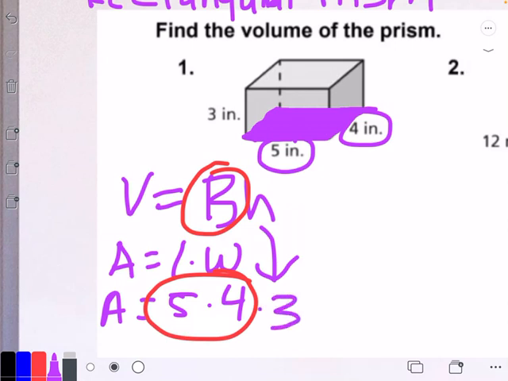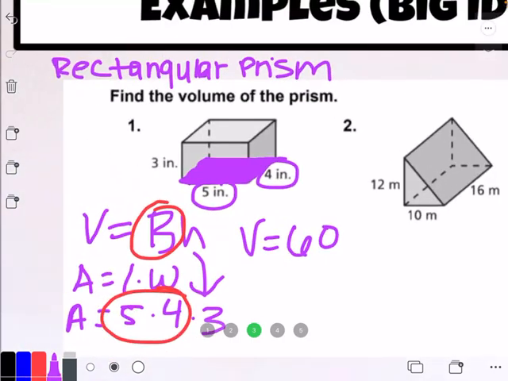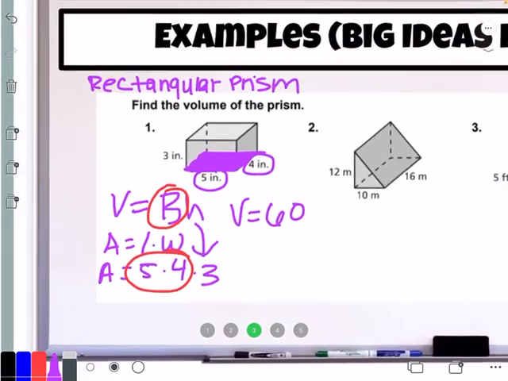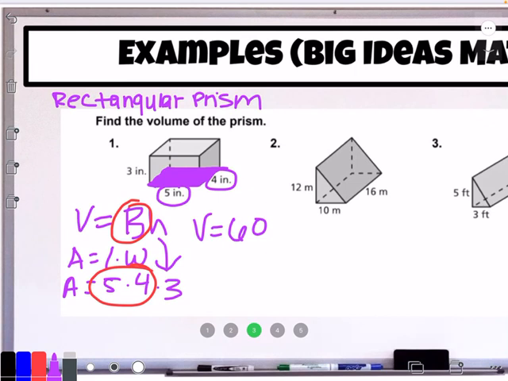So in your calculator, however you're doing your math, that would be 5 times 4 times 3, which is 60. So your volume is 60. And since we're talking about volume here, we have to do inches cubed. Inches to the power of 3.